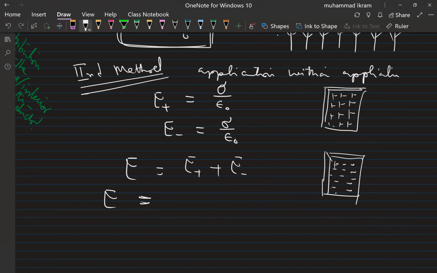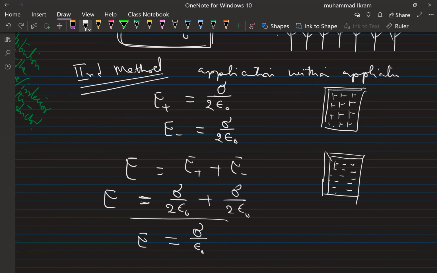So you see sigma by 2 epsilon naught plus sigma by 2 epsilon naught. What does this mean? It means sigma by epsilon naught, right?